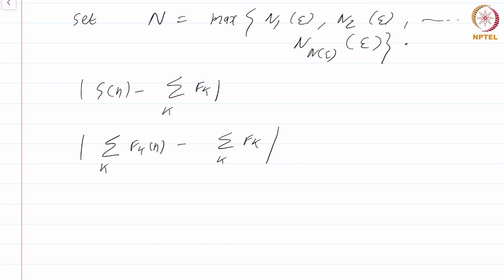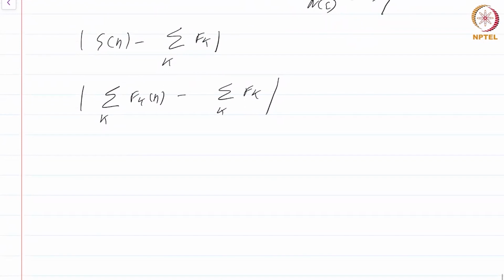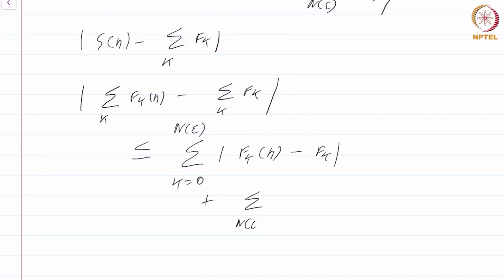Now, this is certainly going to be less than or equal to the summation k equals 0 to N epsilon of mod F_k,n minus F_k, plus the summation k equals N epsilon plus 1 to infinity of mod F_k,n minus F_k.